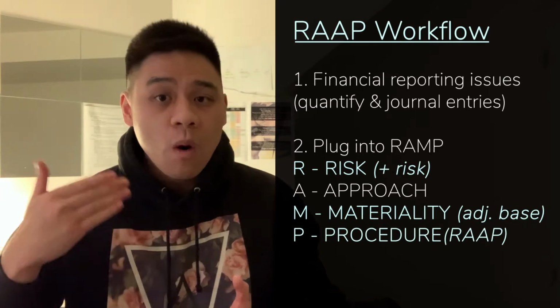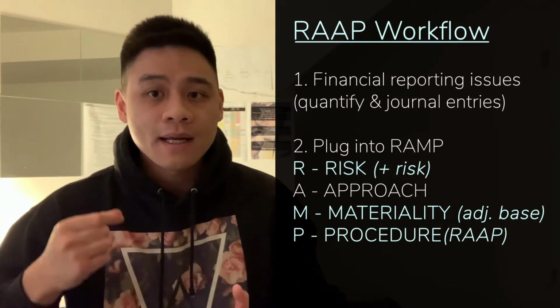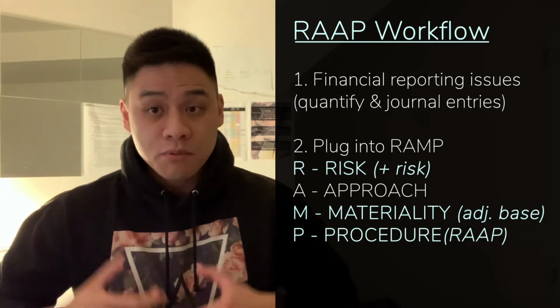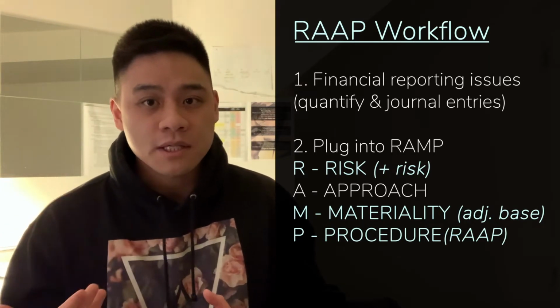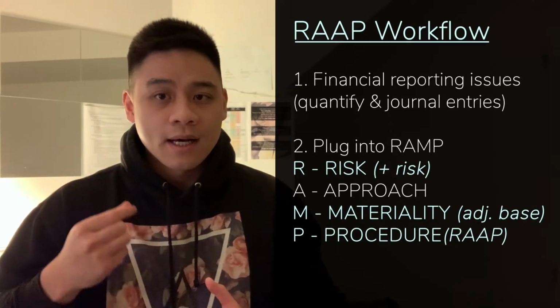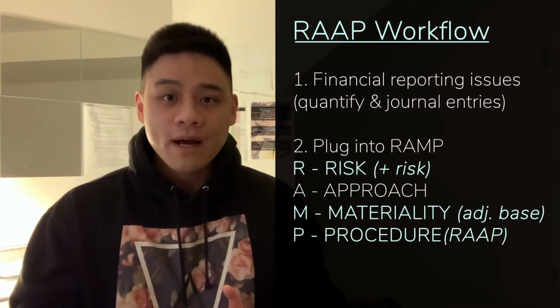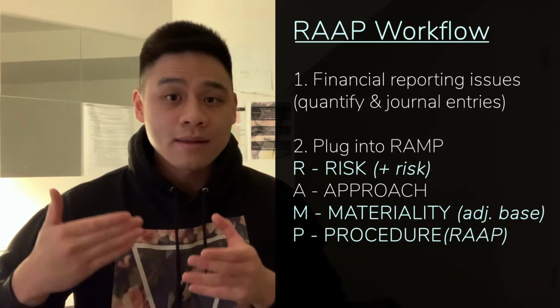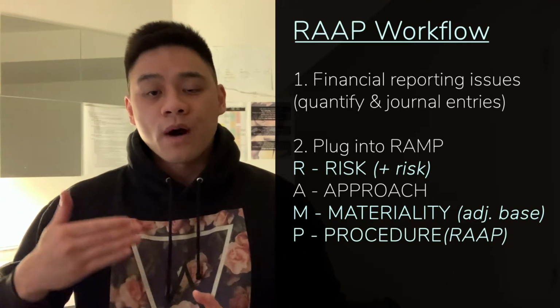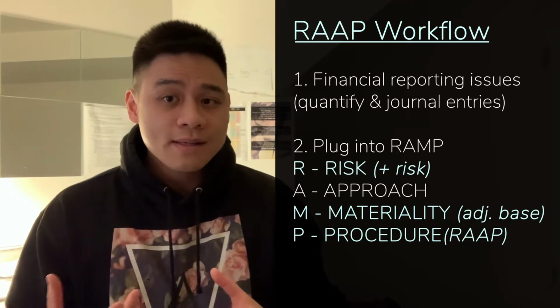So you want to quantify the financial reporting issues and provide journal entries to fix the previous incorrect entries. Be sure to analyze the accounting issues in accordance with the framework, whether it's IFRS or ASPE, based on the case facts. So I'm not going to cover the entire RAAP process in this video.